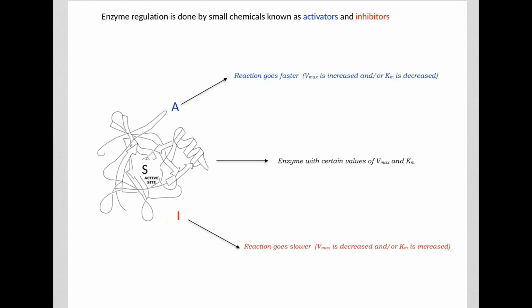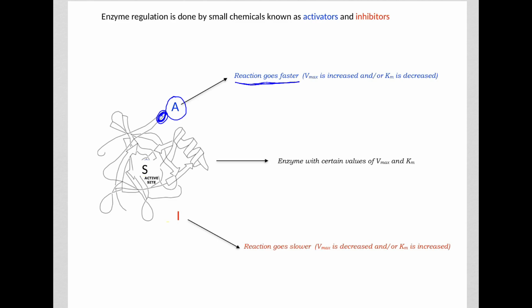There are several ways by which enzymes can be regulated, and we'll look at these ways of regulating enzymes in future videos under metabolism. One of the most common ways by which enzymes are regulated is by the binding of small chemicals to the enzymes, and these chemicals are called activators or inhibitors. An activator is a chemical that will bind to the enzyme and make the enzyme catalyzed reaction go faster.